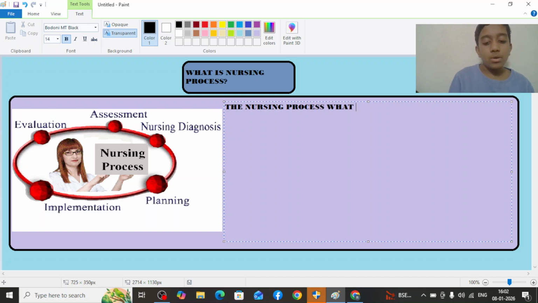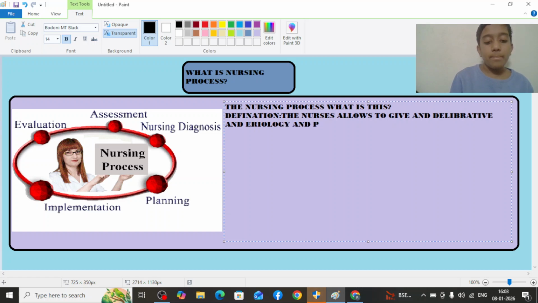So what is the nursing process? The nursing process allows nurses to give deliberative, etiologic and maintained care to the patient's needs.